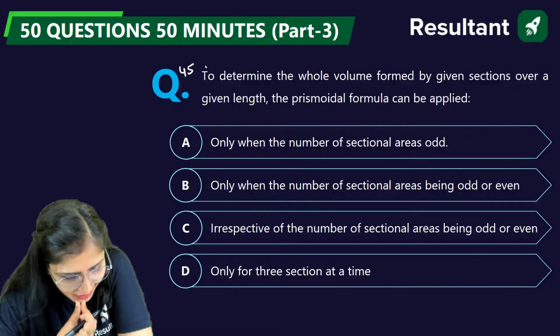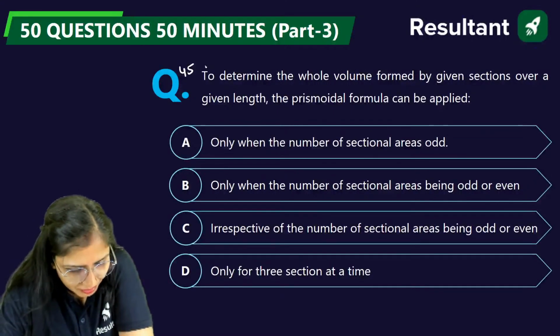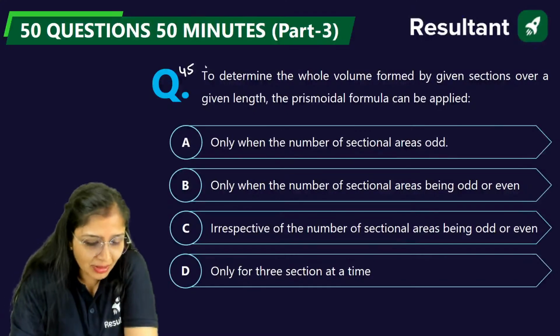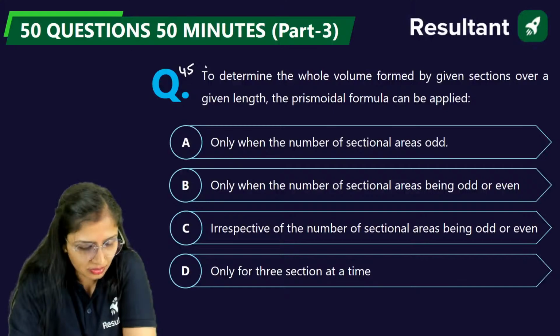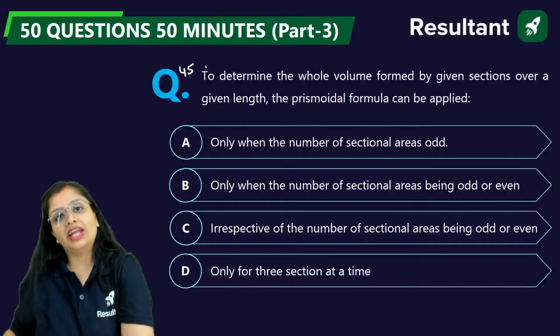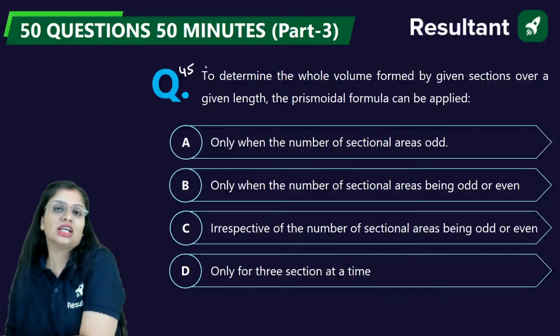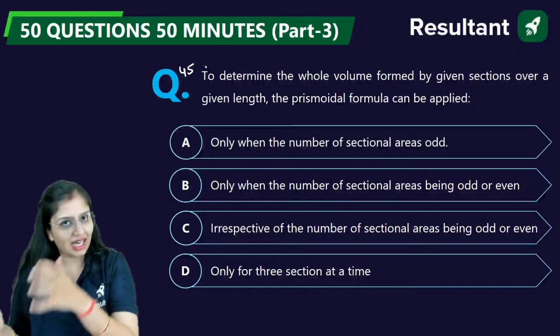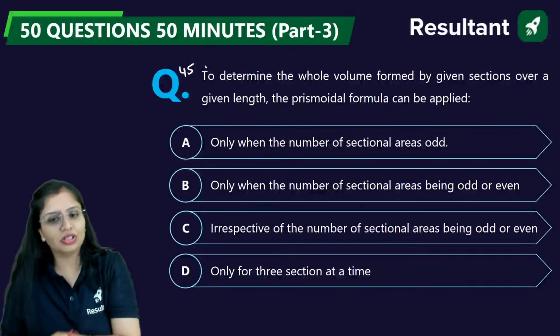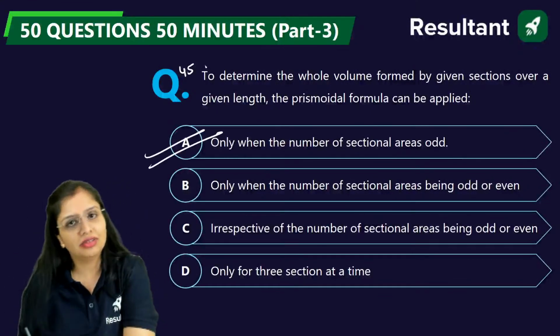Nobody is giving the answer. When do we apply prismoidal? When the number of sectional areas is odd. h by 3, first and last, plus 4 times even, 2 times odd. When the number of sections is odd.